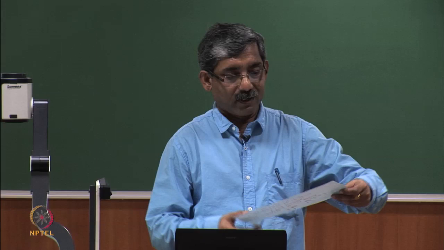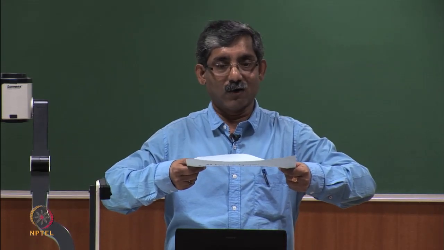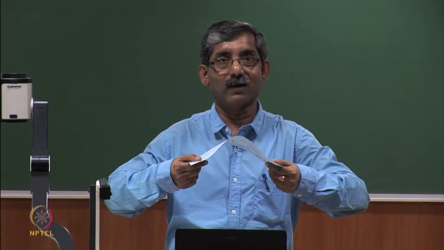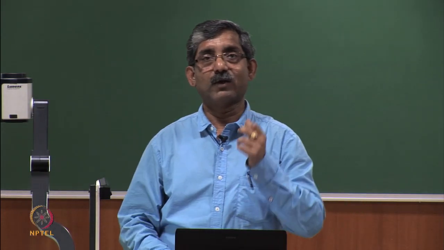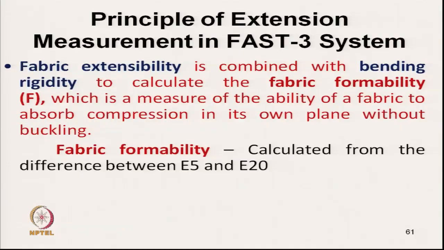Suppose this is a fabric, we want to compress the fabric on its own plane without buckling, it will not buckle. That quality is known as the fabric formability, and it is calculated from the difference between E5 and E20.